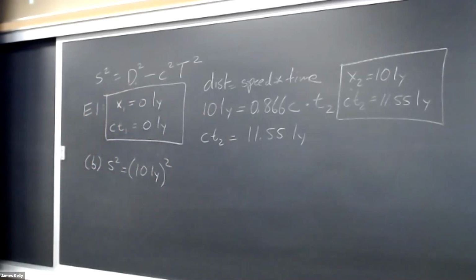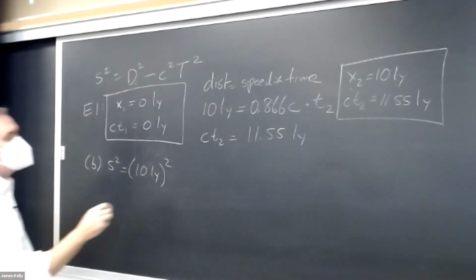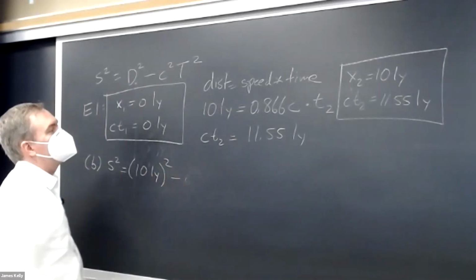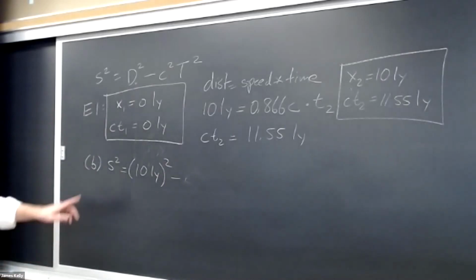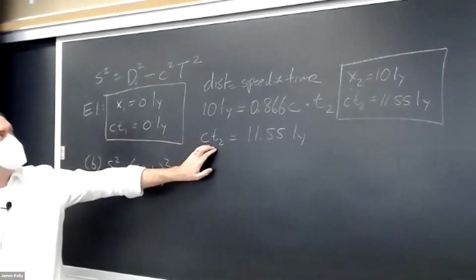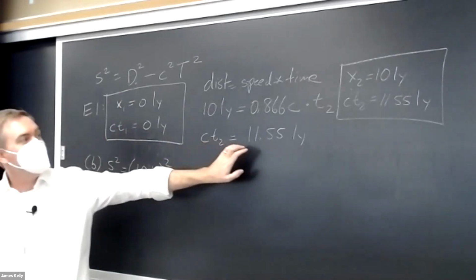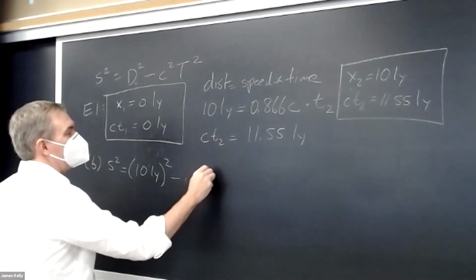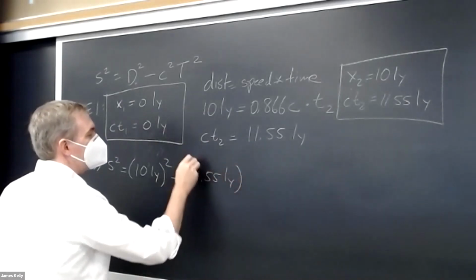The distance squared minus c squared times t squared. Well, I guess that's going to be, since one of the times is 0, c squared times t squared is just going to be the square of this, minus 11.55 light years squared.